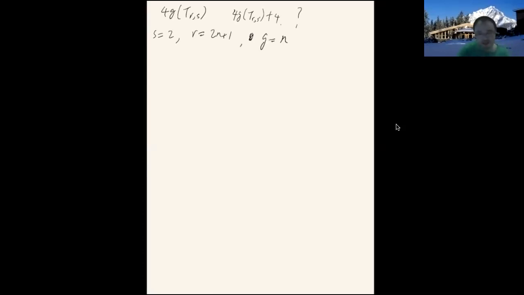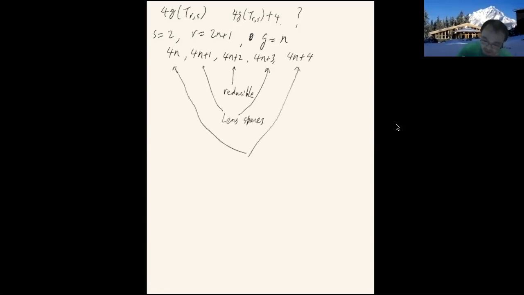So there are some slopes which are the most interesting to us: 4n plus 1, 4n plus 2, 4n plus 3, and 4n plus 4. This first surgery is reducible, these two are lens spaces, and these two are prism manifolds.